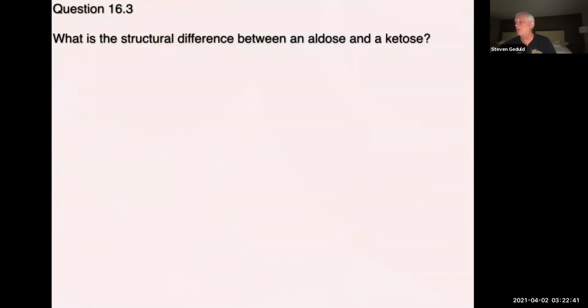So what's the structural difference between an aldose and a ketose? What's the difference? An aldose has an aldehyde group at the top end.